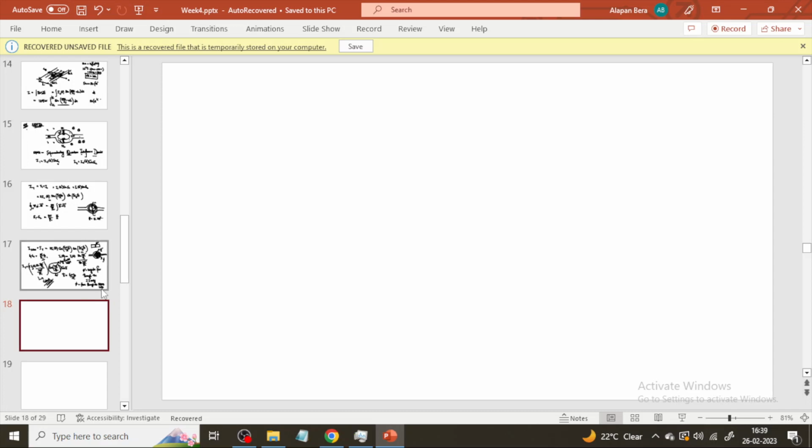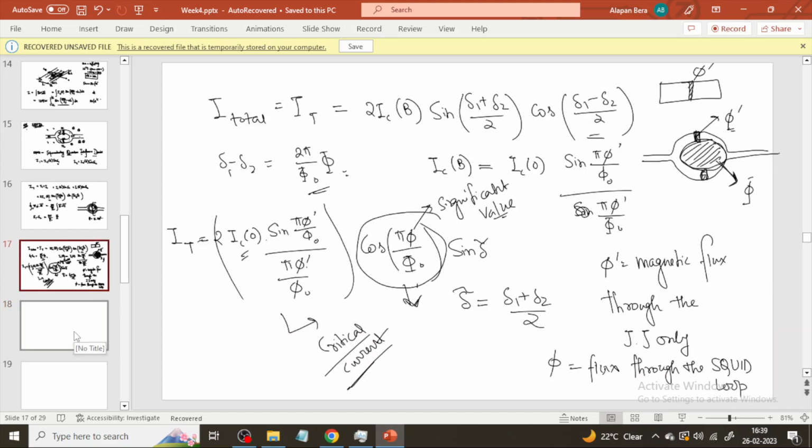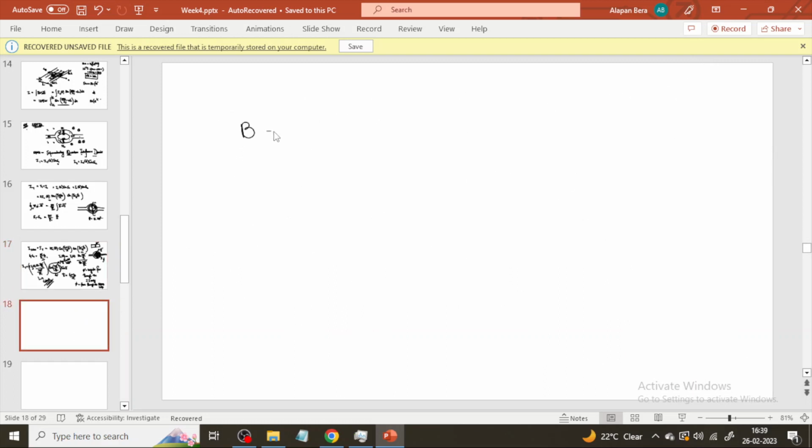Because the SQUID loop is very sensitive, it can detect a magnetic field of the order of 10 to the power minus 8 gauss.